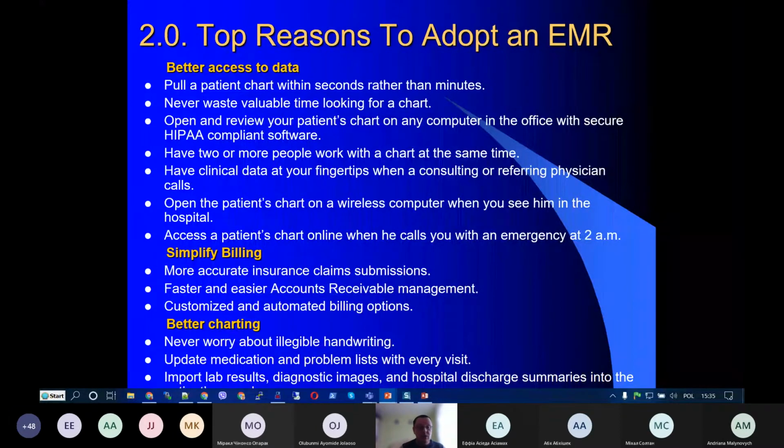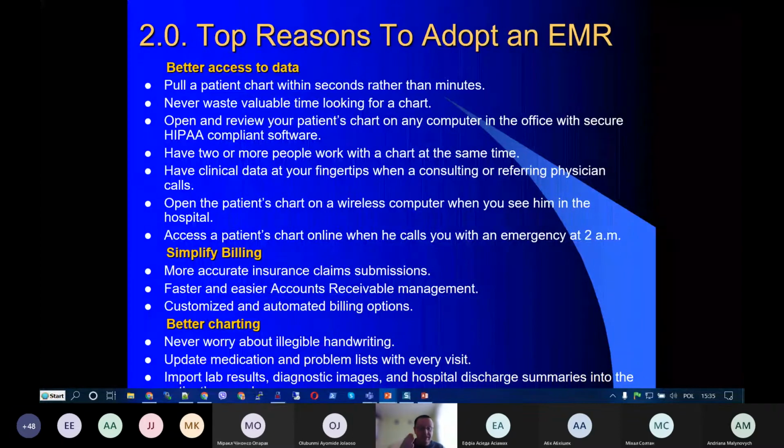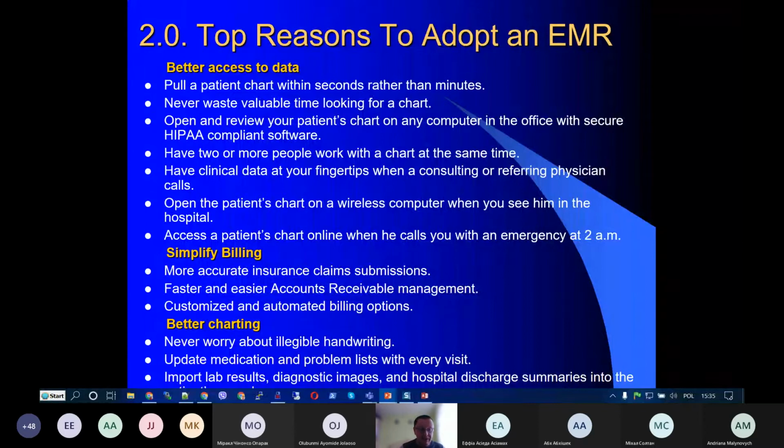Other extra benefits are listed here, like billing, chatting, reporting, and so on. So the list of potential benefits of adopting electronic medical records, provided and supported by particular information systems, is very broad.